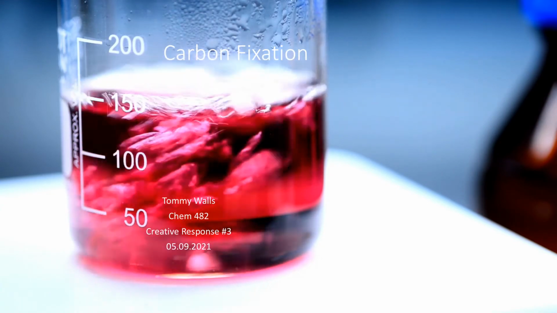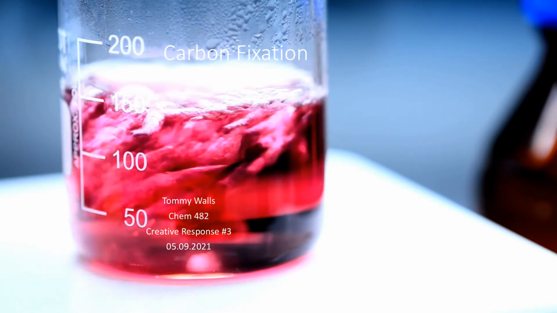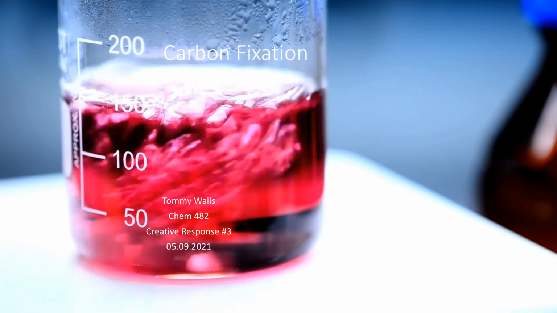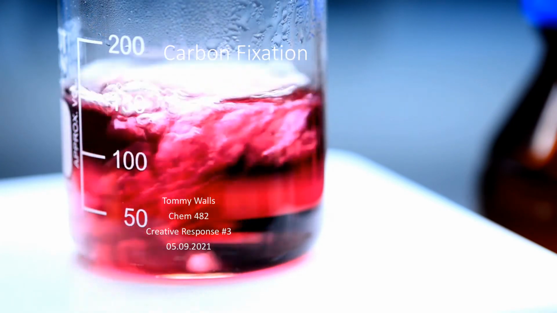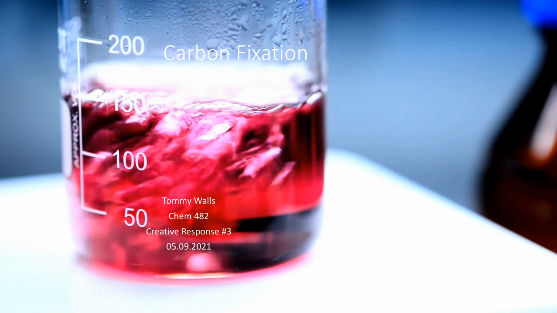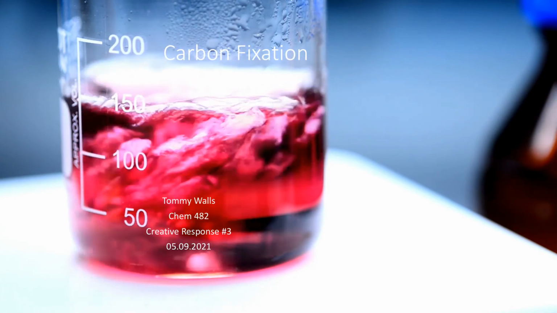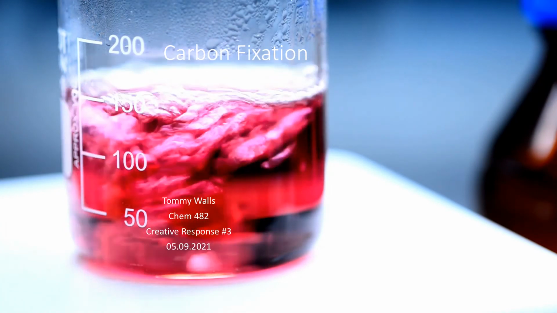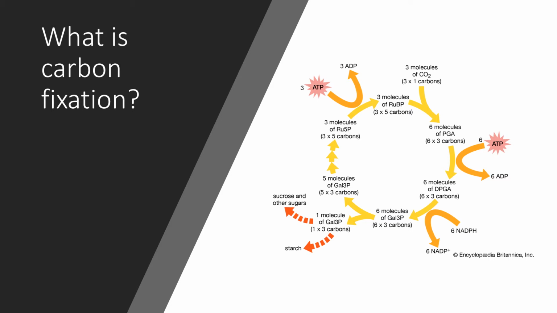Today, I'll be highlighting carbon fixation and why I think it's one of the things I find most interesting in biochem. So, what is carbon fixation? Carbon fixation is part of the Calvin cycle, which is a series of biochemical redox reactions that take place in photosynthetic organisms.